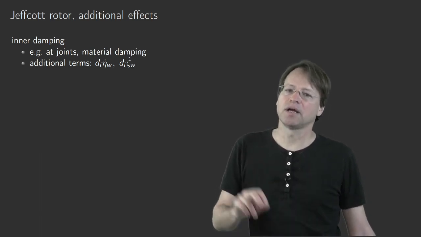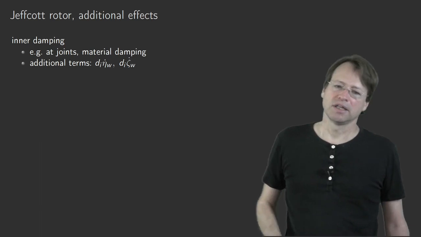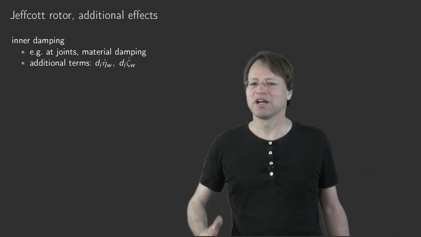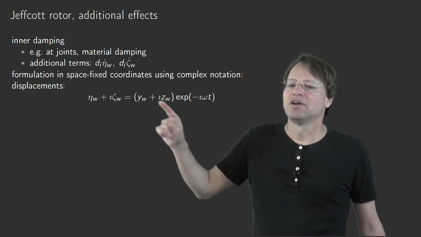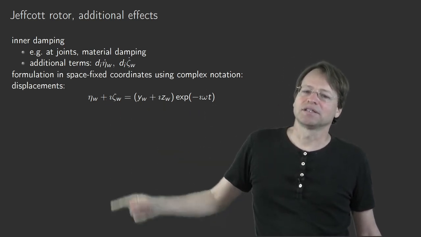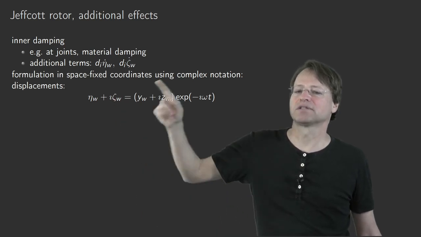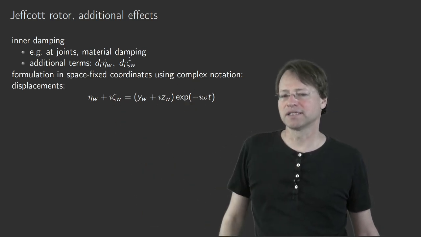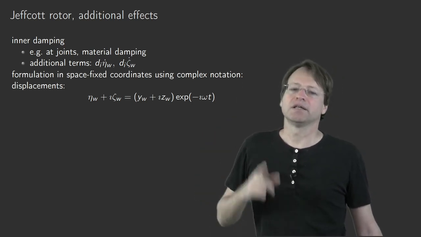And that's the reason why this case is also part of this video that I admit becomes longer and longer. So we want to move from the body fixed coordinates to the space fixed coordinates. What we do is just we invert the relationship we had before. That's quite simple.